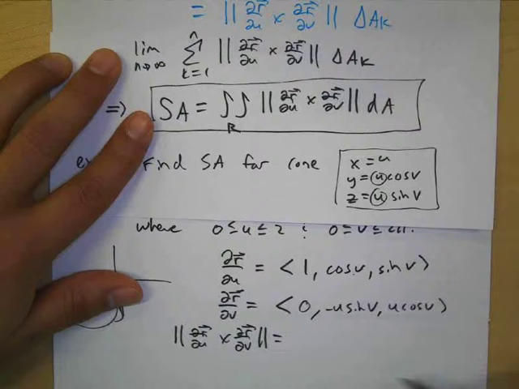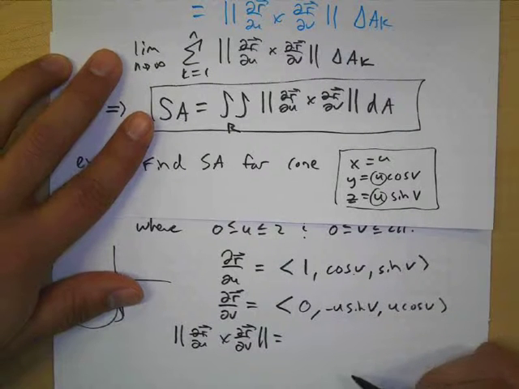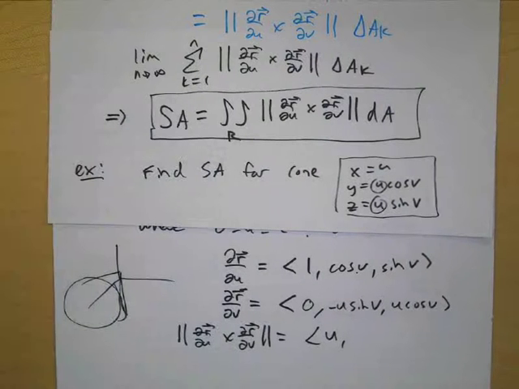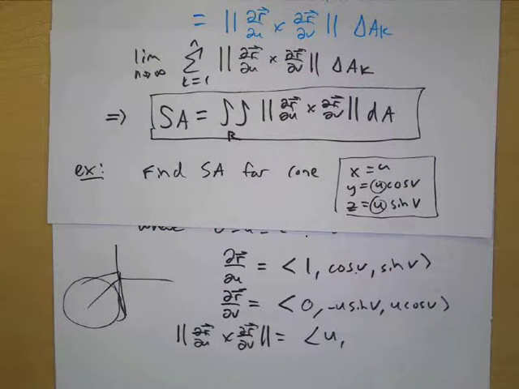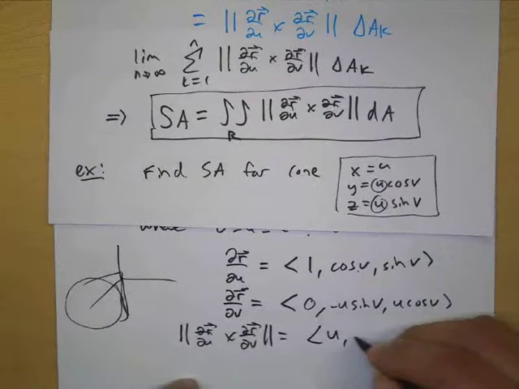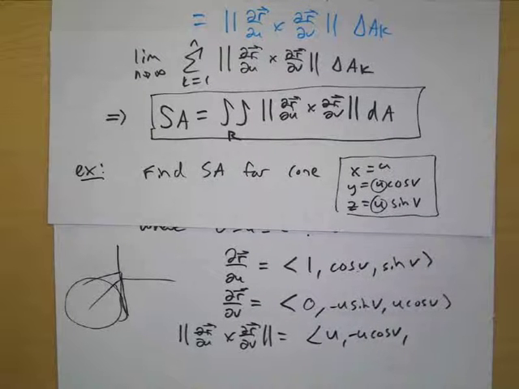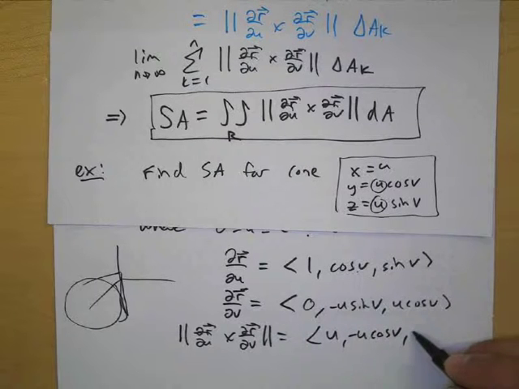That times that is, you just get a u out of there? Yeah, sine squared plus cosine squared. Okay. What's the next component? Negative u cosine v. And the last one would be? Good.